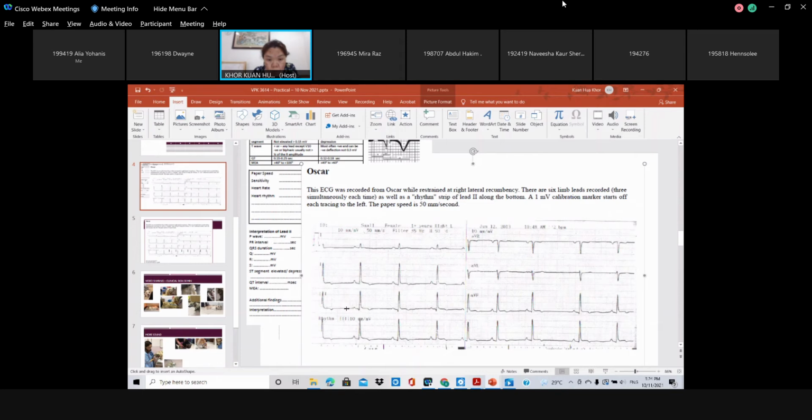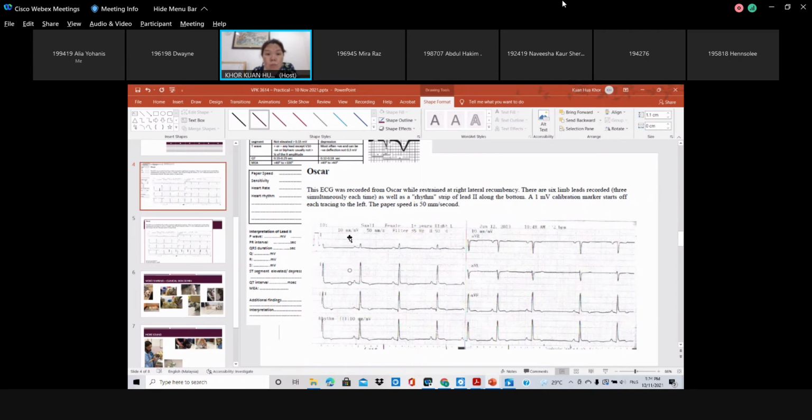So this one is the isoelectric, right? This is the Q, right? And I wanted to tell you all that these 10 boxes are equivalent to 10 mm. Every 10 mm is equivalent to 1 millivolt.